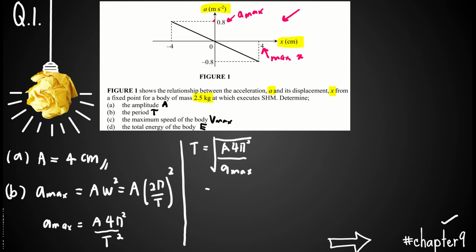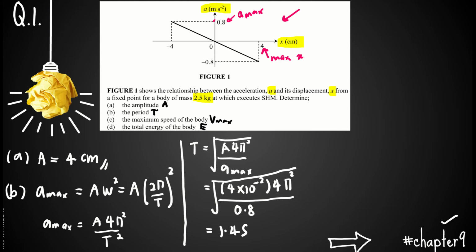You substitute the values, making sure your amplitude is in SI unit: 4 pi squared over our a max, which is 0.8 squared. Then finally you have the period is 1.4 second.